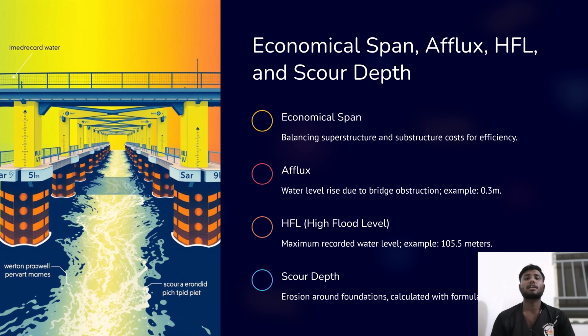So next are the economical span, afflux, HFL, and the scour depth. Economical span means balancing superstructure and substructure cost for efficiency. In afflux, the water level rises due to the bridge obstruction, for example 0.3.